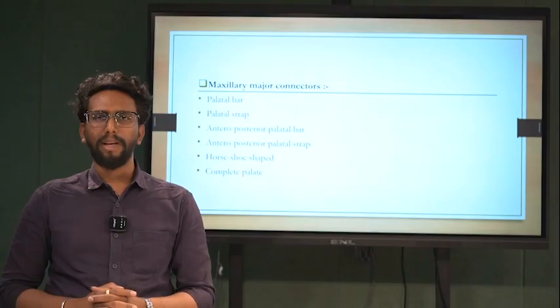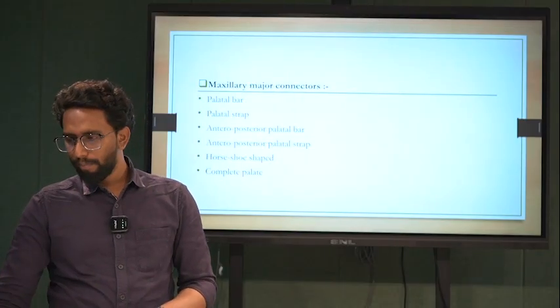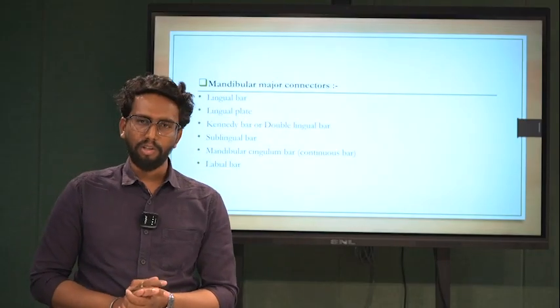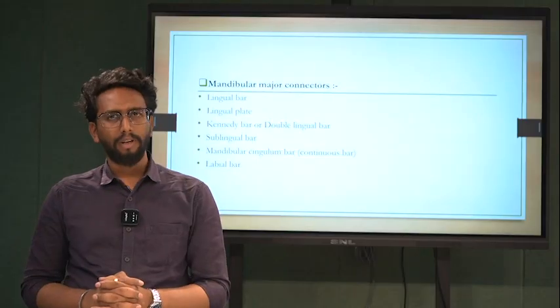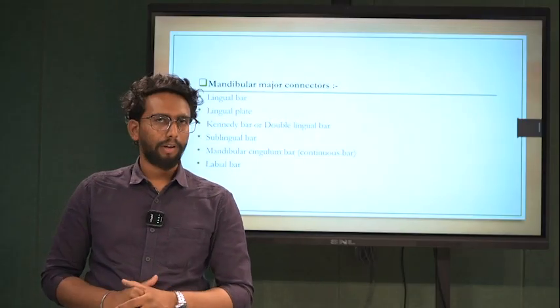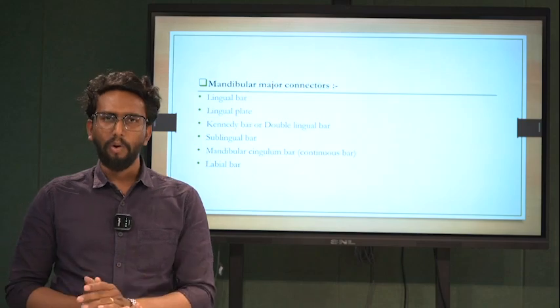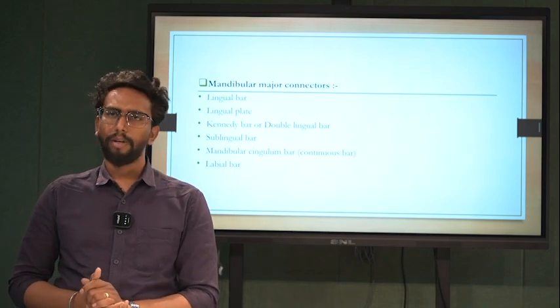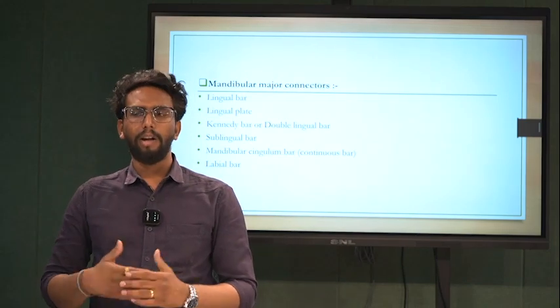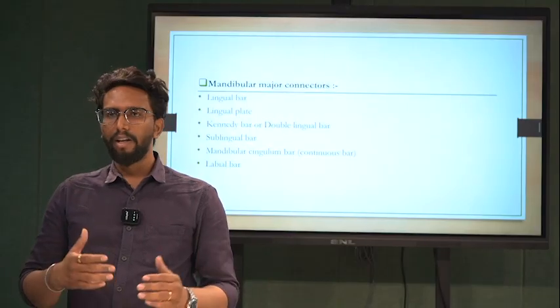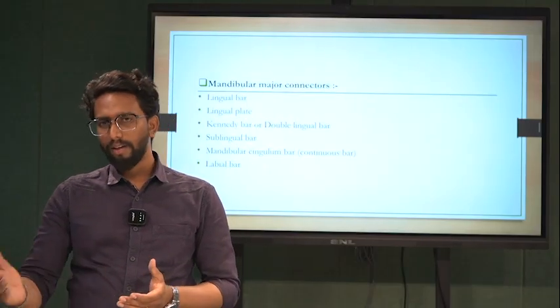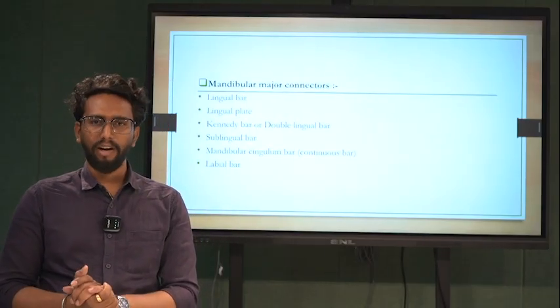Same as these maxillary major connectors, mandibular major connectors also have various types like lingual bar major connector, lingual plate major connector, Kennedy's bar or a double lingual bar, sublingual bar major connector, labial bar major connector, and a continuous bar, or we can say a cingulum bar major connector.